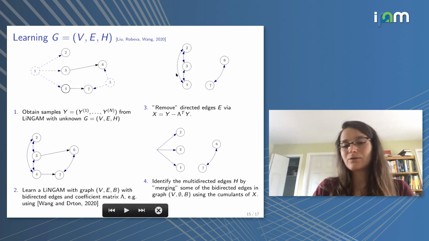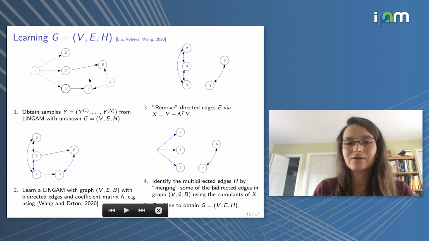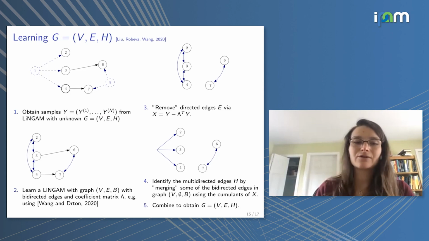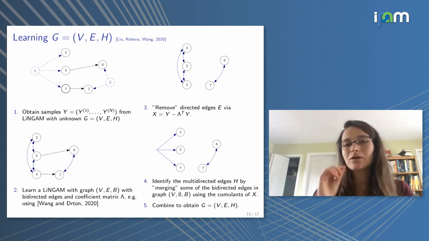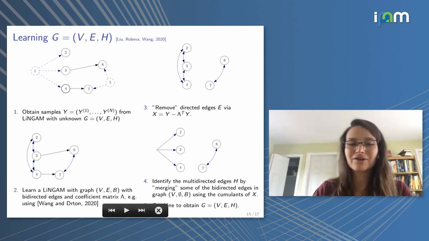And so this will help us estimate H, the multi-directed edges, and then we're going to put it back together with the directed ones that we removed earlier, and we'll get this whole graph. So basically, what we've done is we've added onto the existing algorithms the possibility of merging together the bidirected edges that they find into multi-directed ones, because maybe the common cause is actually one: all of these 3 variables have 1 common cause instead of 3 common causes in this case.